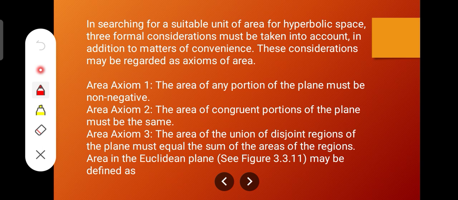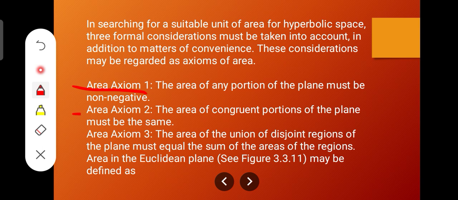First is area axiom 1: the area of any portion of the plane must be non-negative.